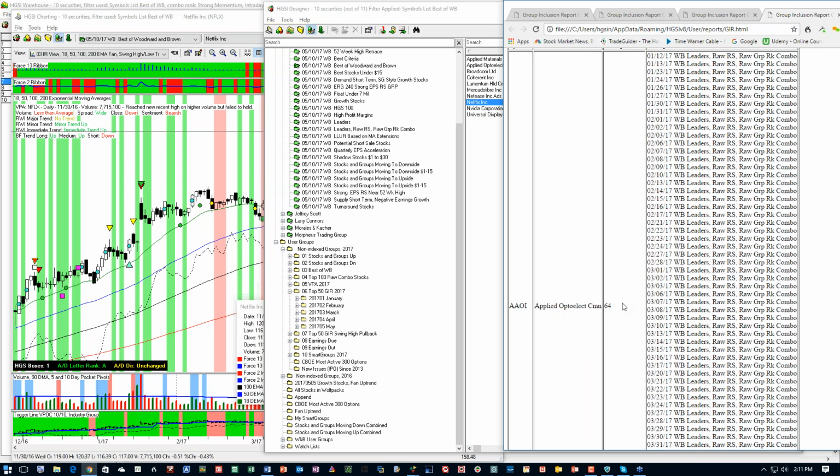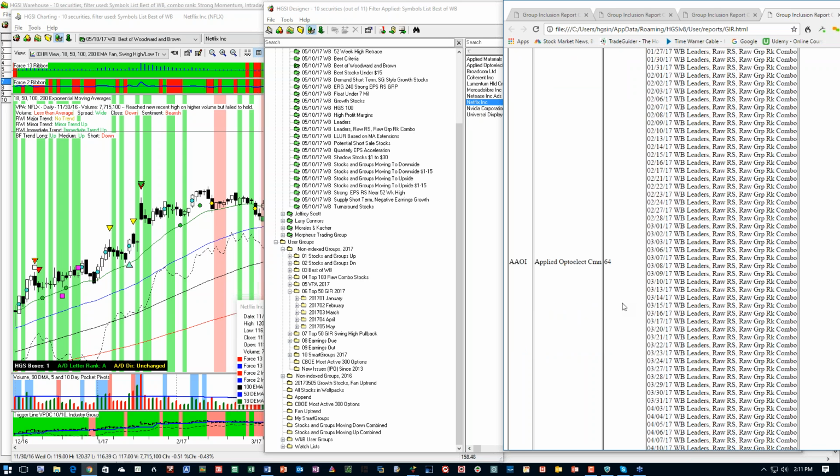AAOI appeared 64 times in this group. I call this my WB leaders group, raw relative strength, raw combo, because this smart group uses a combo ranking looking for stocks that have high relative strength and high group strength. And it takes the top 100 and it creates a group for us each day automatically.